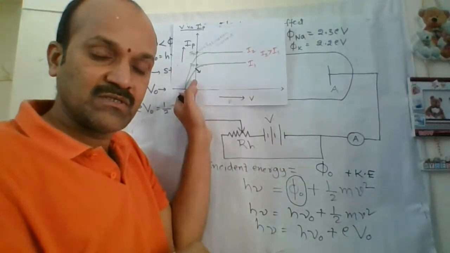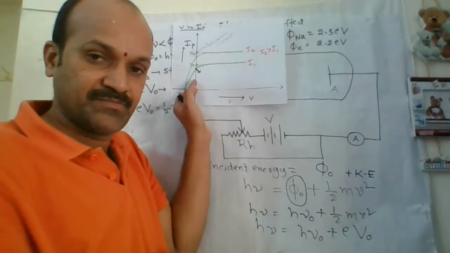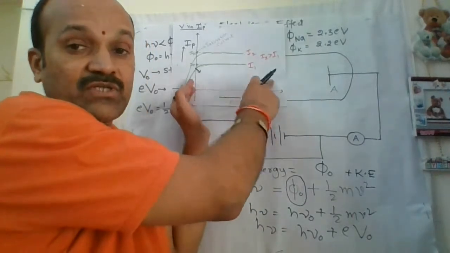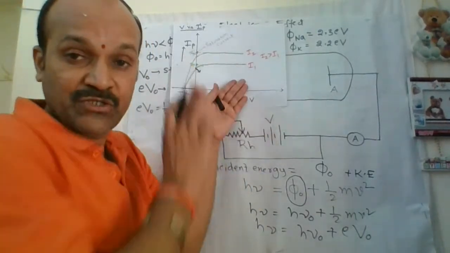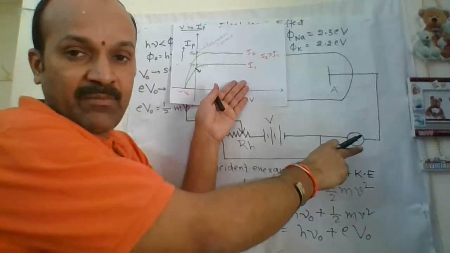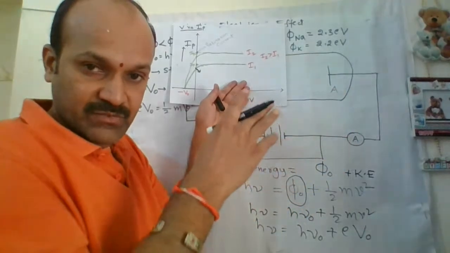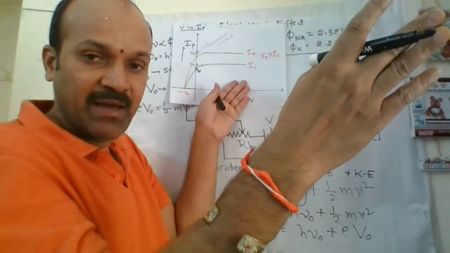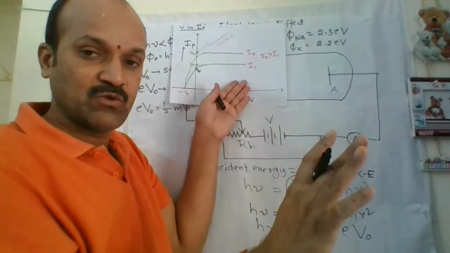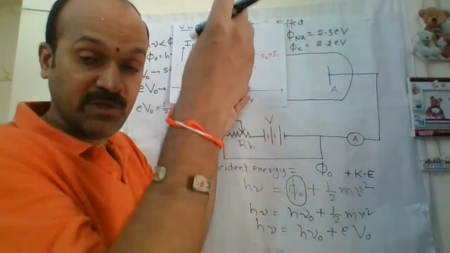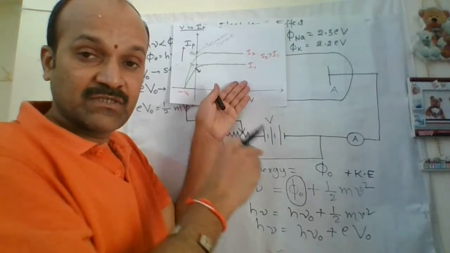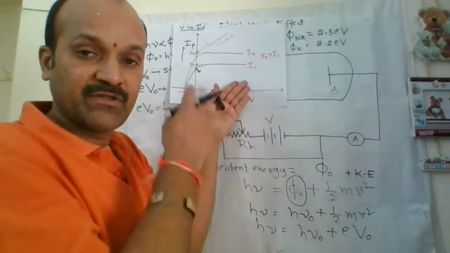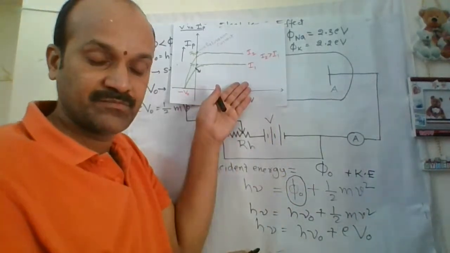That number of electrons for that intensity will come out. Clear? So saturation takes place. That is the maximum saturation current. The ammeter will not deflect further. It will stop at 10 amperes, for example. It stays there at 10 amperes if you supply the photon continuously and apply maximum potential difference to accelerate the electrons.